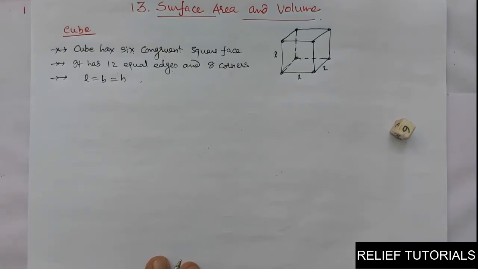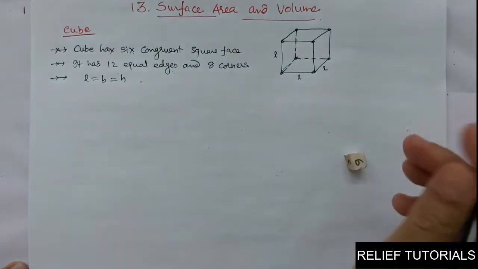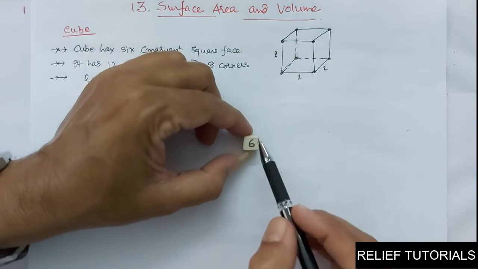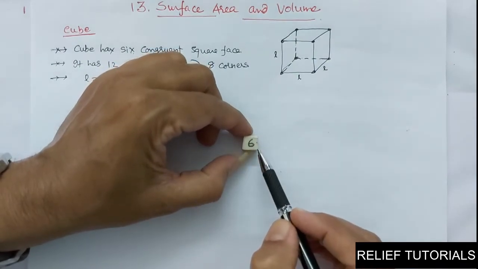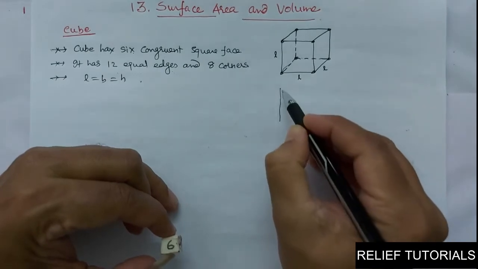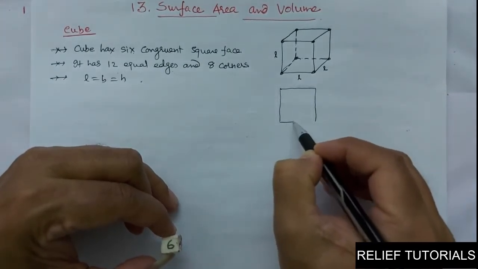Now if you want to find the total surface area of a cube, it means the area of all 6 faces. See, this is one face, and it has such 6 faces.